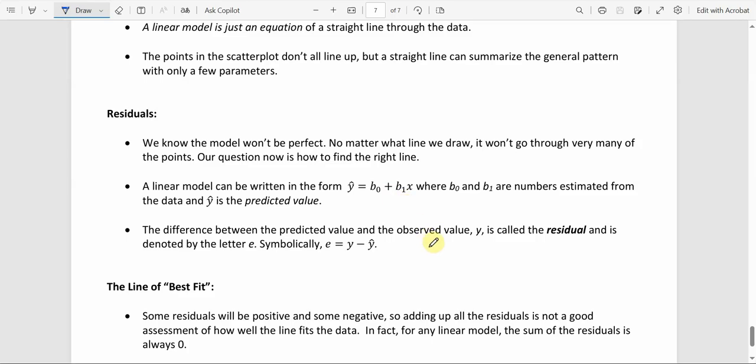And in most cases, that will not match up with the observed value for an x value that's in your data set. So you'll have points that are above the line and below the line, is basically what that's saying. And you go, well, sure, I can see that in that scatter plot up in the corner on this page. If I drew in the line, there are going to be some points above it and some points below it. And then the residual, which sometimes is called an error instead of a residual. That's why an E is being used.